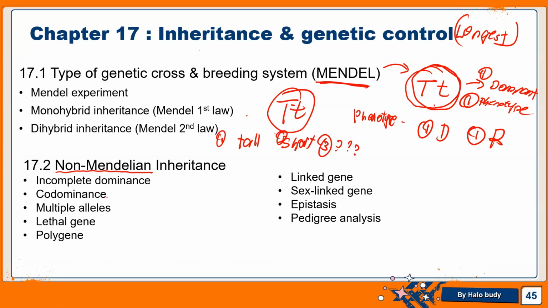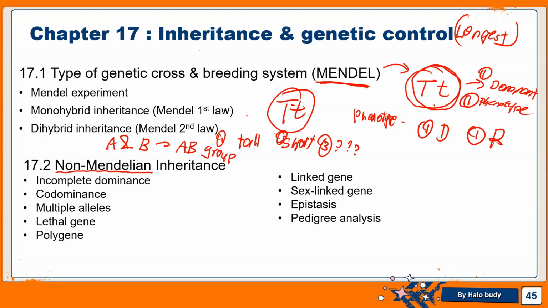For co-dominance, the characteristic has more than one dominant allele, like the ABO blood group. The A and B alleles are both totally dominant. That is why we have the AB blood group.